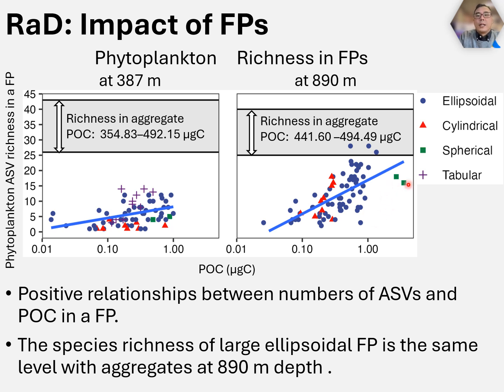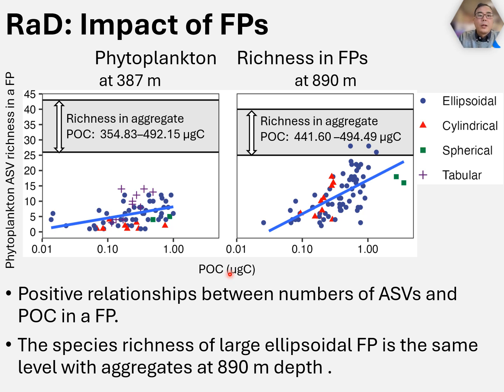The difference in the color and shapes indicates the fecal pellet types, and the gray band denotes the result of aggregates whose POC flux was 2 or 3 orders higher than a single fecal pellet. We can find a positive relationship between ASV richness and POC content, suggesting that an increase of POC flux increases the phytoplankton diversity and their biomass.